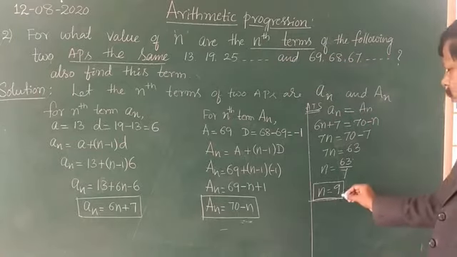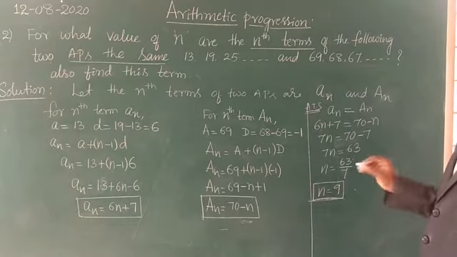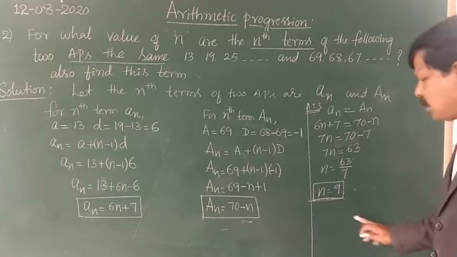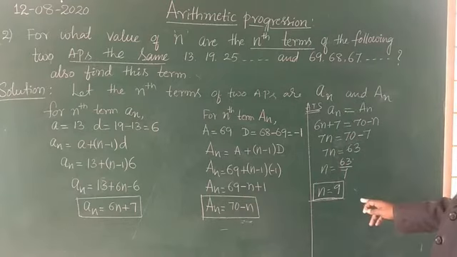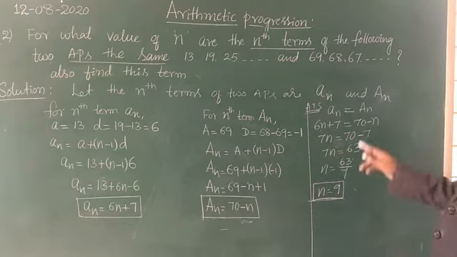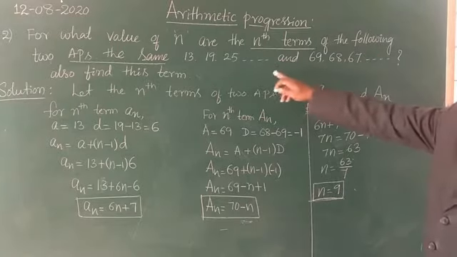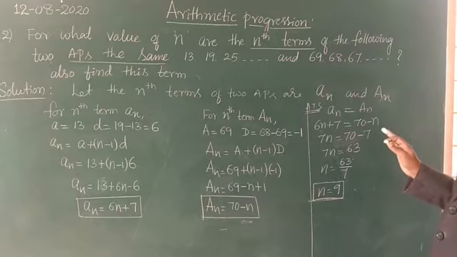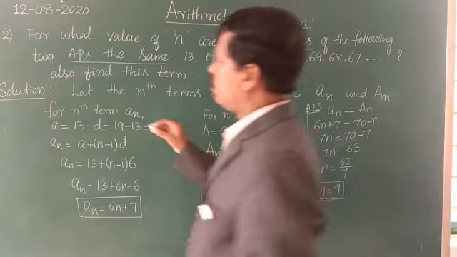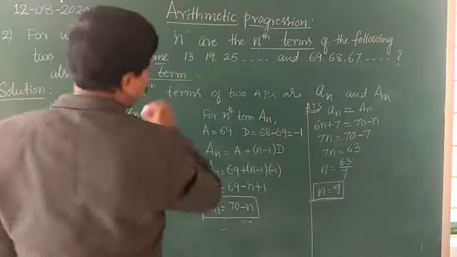Okay, so that is n is equal to 9. So we have to write down the sentence like: for n is equal to 9, the nth terms of these two APs are same.